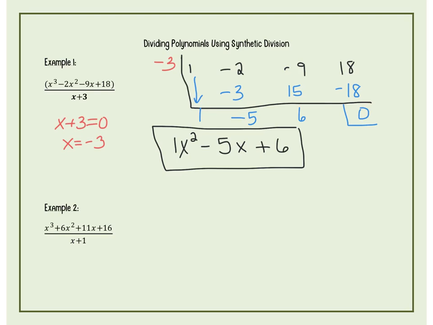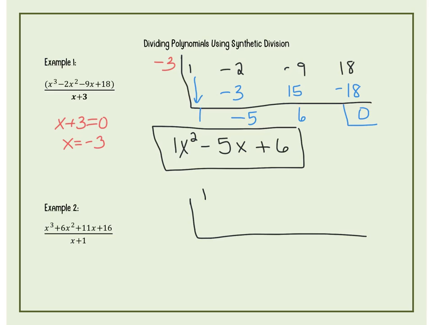Okay, let's do that again. The first step is to look at my exponents. If I go down from 3, 2, 1, there's nothing missing here. Okay, so I'm going to make my table, and I'm going to start with my coefficients from my question: 1, 6, 11, and 16.